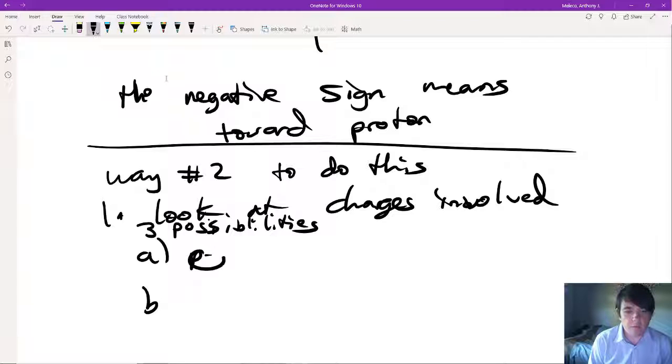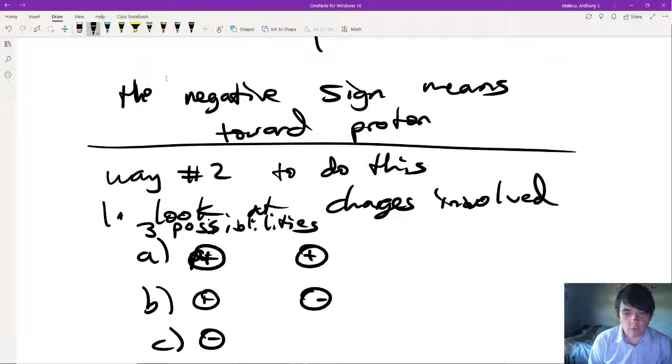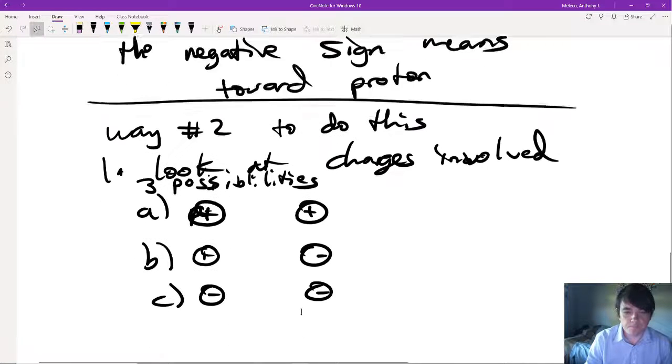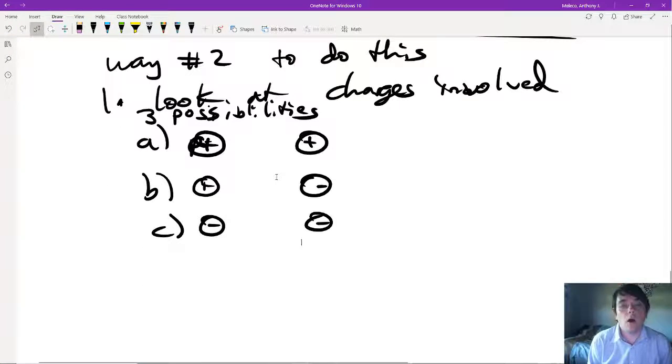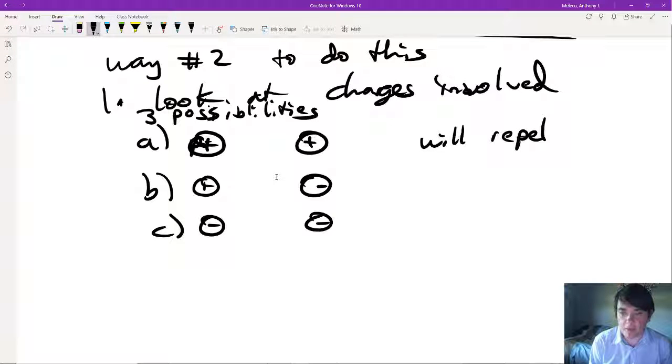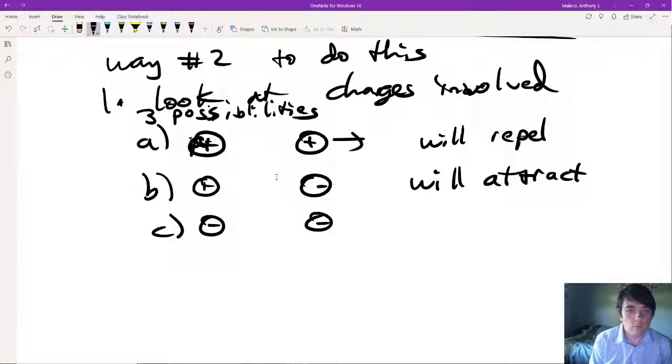There's positive and positive, positive and negative, and C, there's going to be 2 negatives. These guys will repel. These guys will attract together. So boom, boom. These guys will attract, and these guys will also repel.